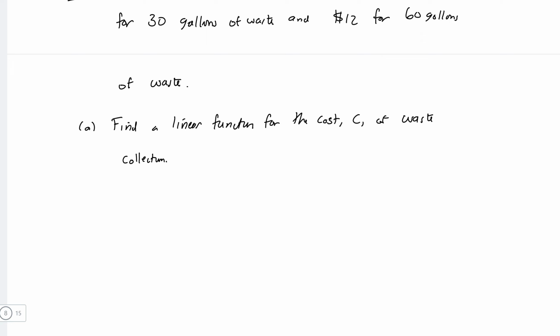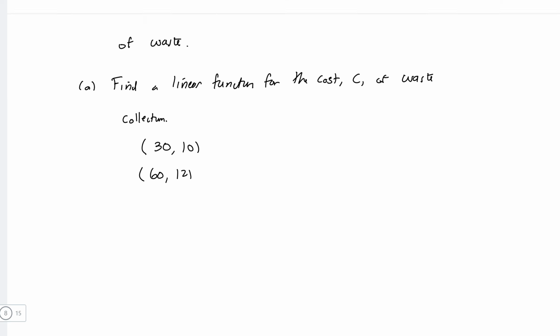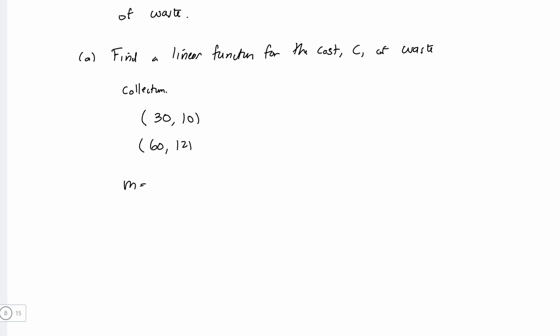Notice we have 2 points on our line. If I have 30 gallons of waste, it costs me $10. And if I have 60 gallons of waste, it costs me $12. So my slope here is 12 minus 10 over 60 minus 30, which is 2 over 30, which is 1 over 15.